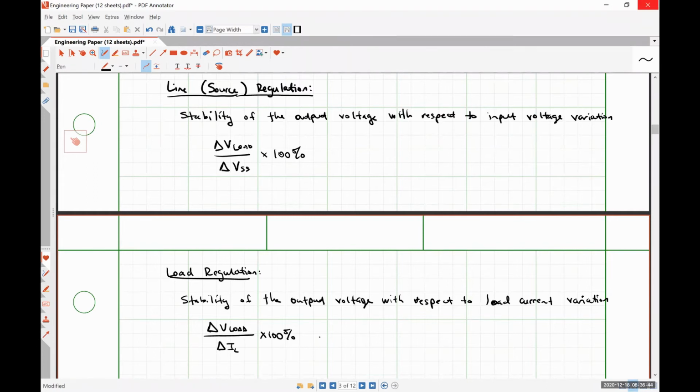So if VSS changes by a large amount while V load changes by a negligible amount, then that means we have very good line or source regulation. And if the load current changes by a large amount, but the load voltage does not, we have very good load regulation.